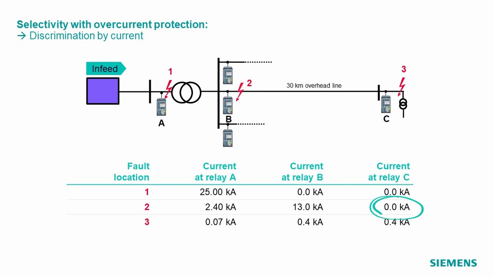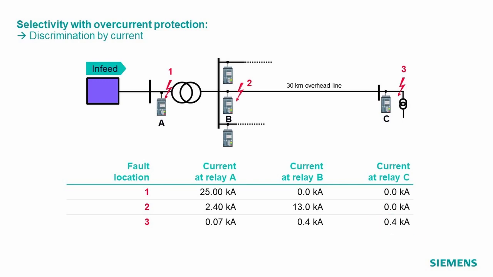And the relay at location C doesn't see anything. If we have a fault at the very end, relay at location A sees only 70 amps, relay at location 2 sees only 4 kiloamp, and the last relay C sees 0.4 kiloamp.